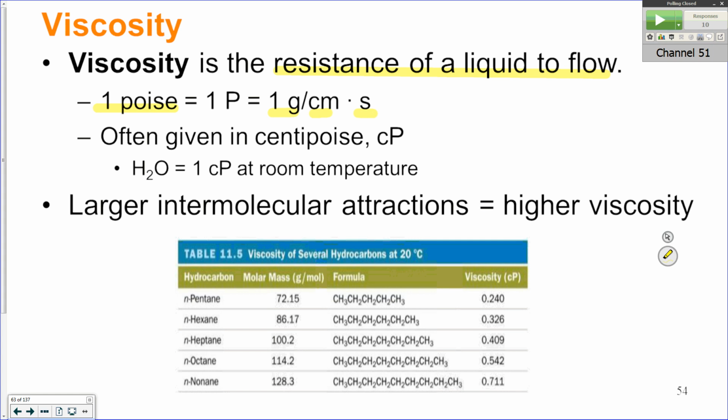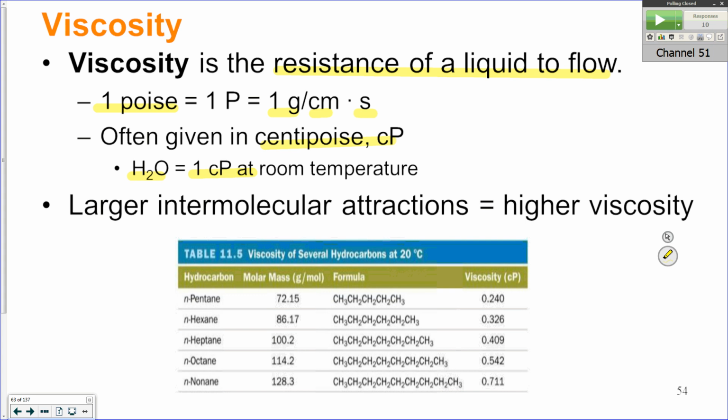So the more weight you put on it, the more it's going to flow. Our standard unit that we use to get these numbers a little bit smaller is a centipoise, and by definition, water at room temperature, 25 degrees, is 1 centipoise in value. That's how we calibrate our instrument.